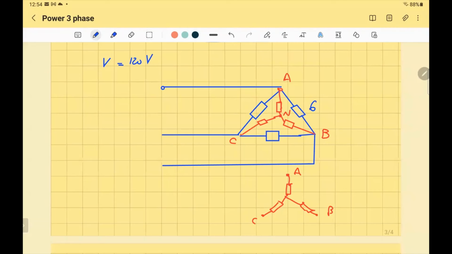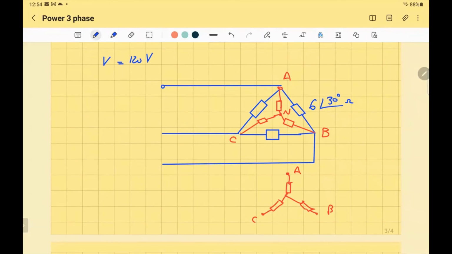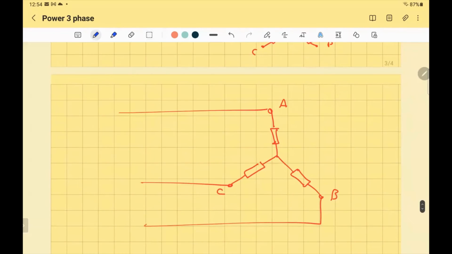I will say 6 angle 30 degrees. When you divide it by 3 it will be easy. So the equivalent ZY will be equal to 6 angle 30 divided by 3, you'll get 2 angle 30 ohm.